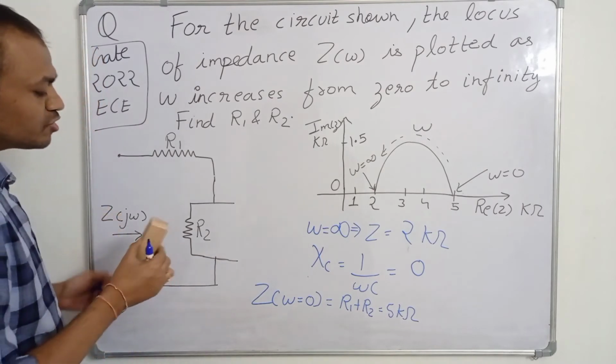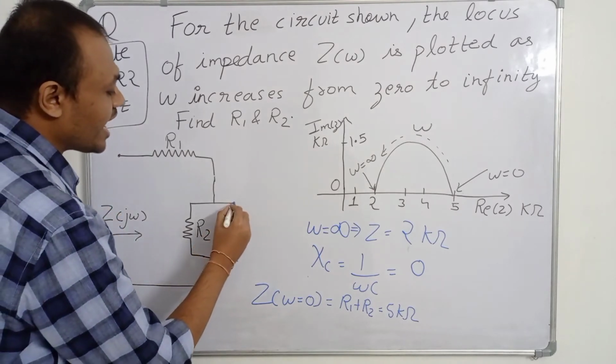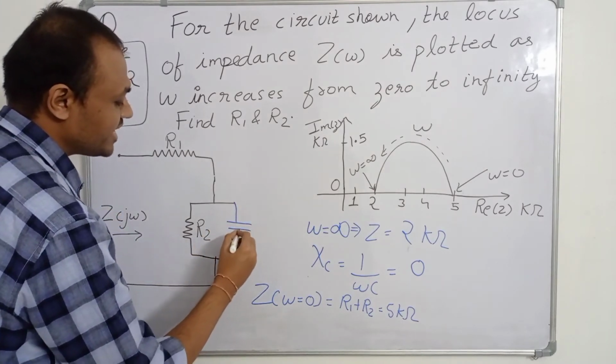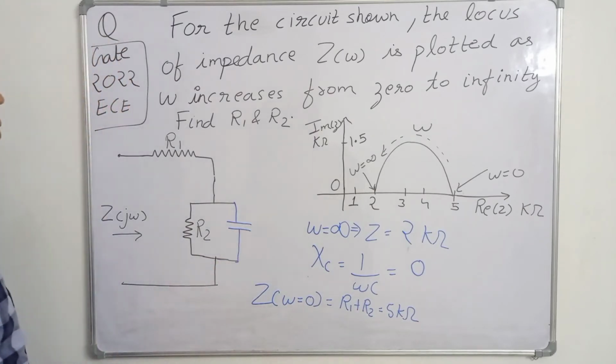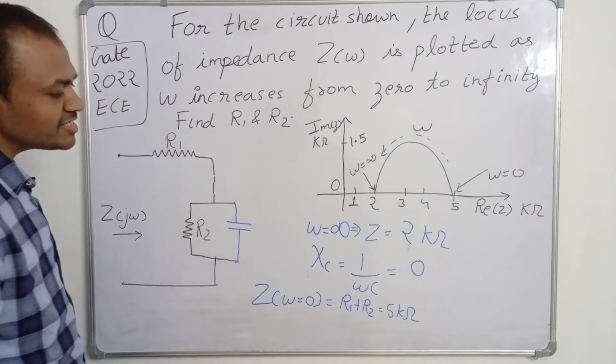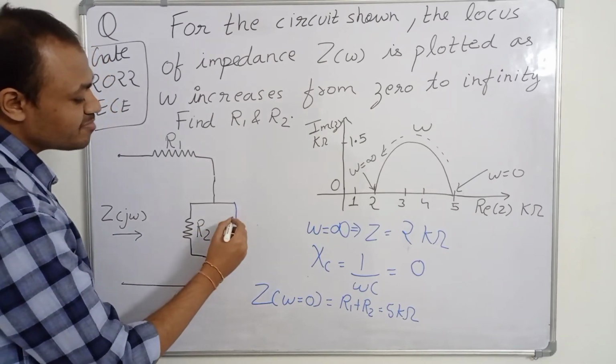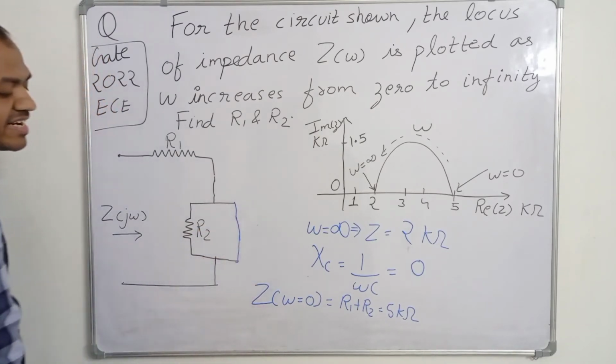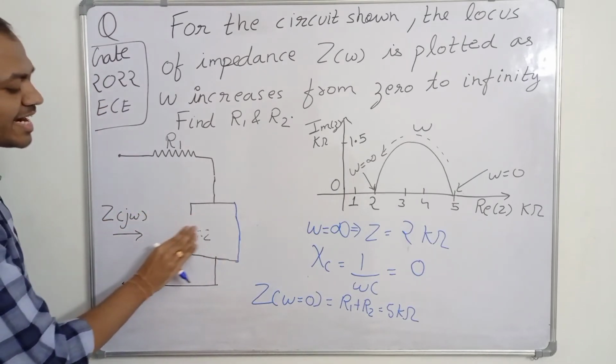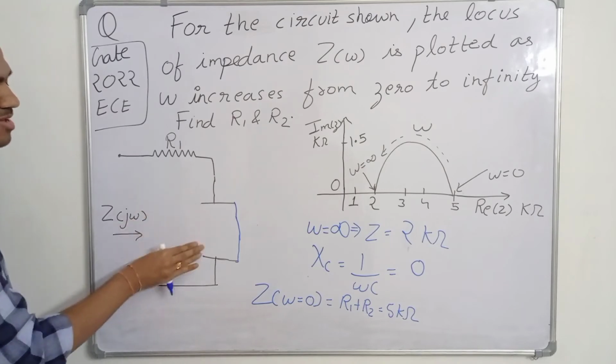If we want to draw this figure for high frequency, omega equal to infinity, this was the figure which is given to us. We can replace this capacitor with a short circuit. Now this capacitor is short circuited, so R2 has no effect and can be removed.